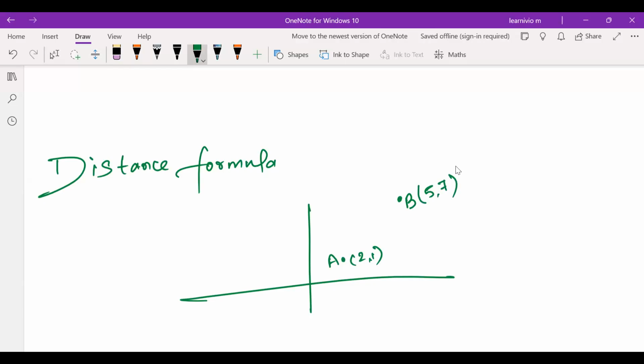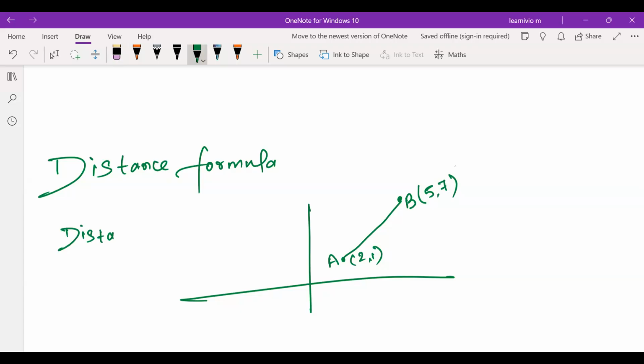And if we want to find the distance AB, then we just... So if we have to find the distance between the point A and point B, we have a formula.